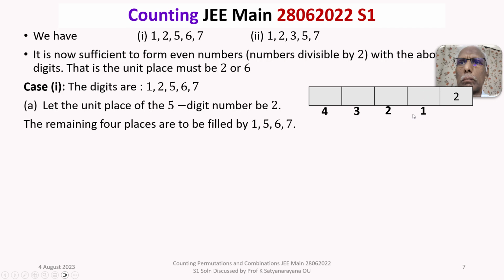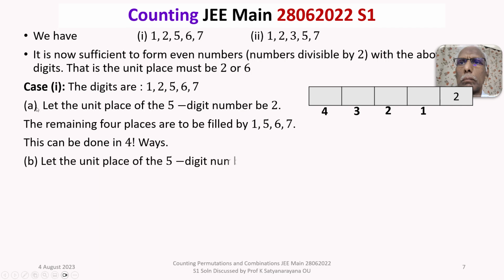That means this can be done in factorial 4 ways. Why? We use the product rule, 4 into 3 into 2 into 1. That is factorial 4 ways in case 1a.